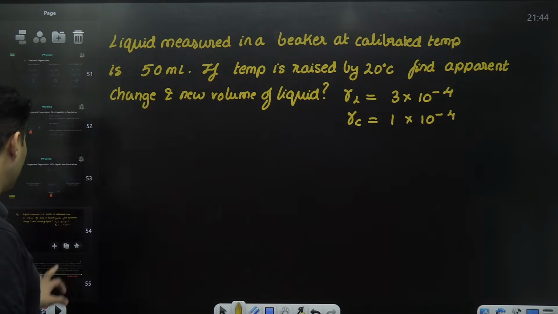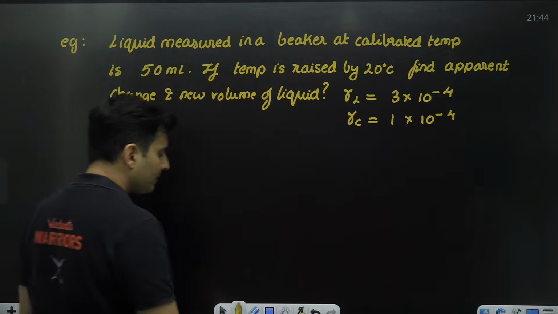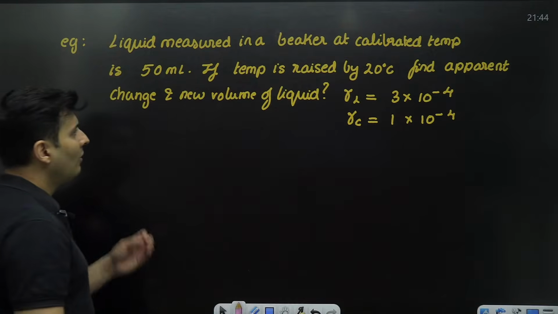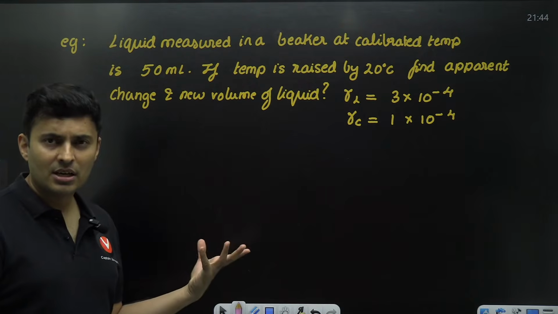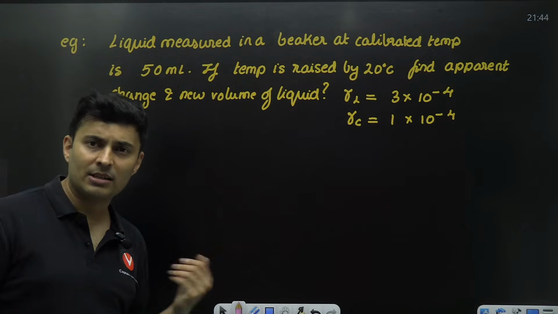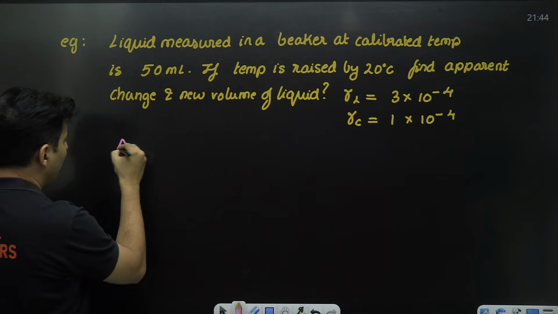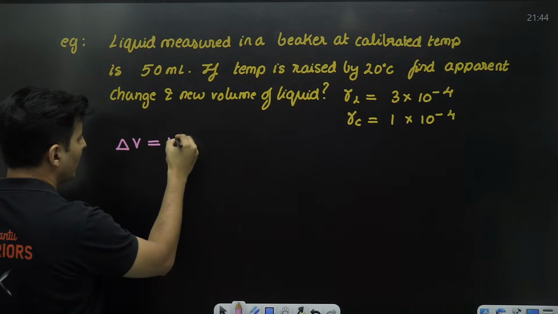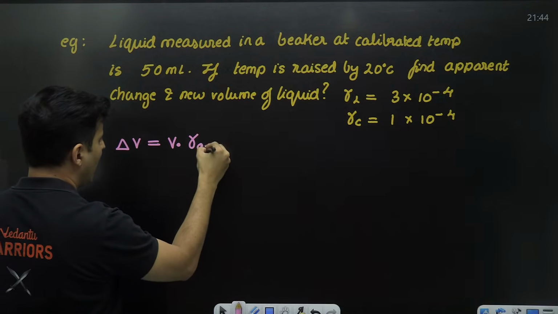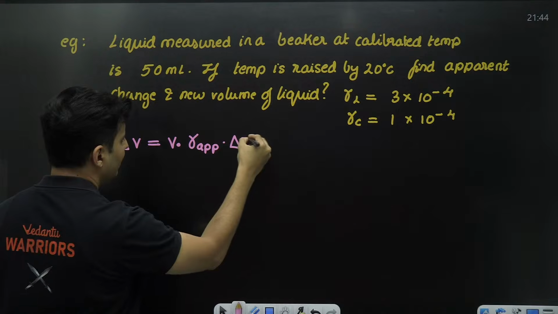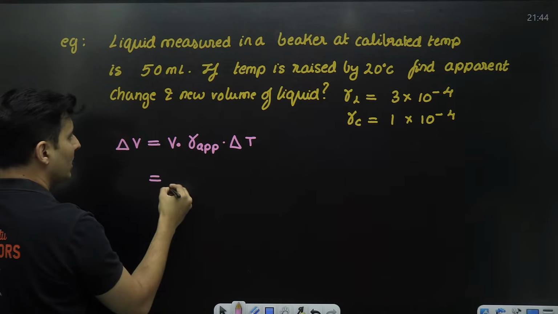So let's see how we do this. First of all, we have to figure out what the apparent change is. This is a problem of apparent expansion because the container and the liquid will expand differently. So the apparent change will be original volume into gamma apparent multiplied by delta T. What is that original volume?